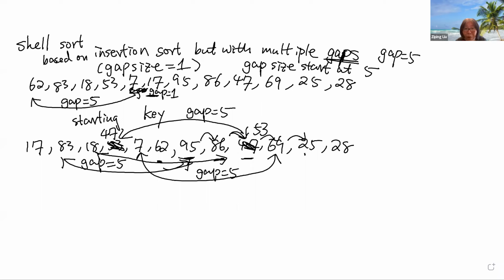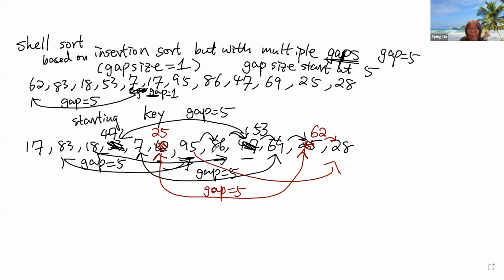Let me use a different color. 25 is supposed to compare with the gap equals 5, which is 62. Is it in its right location? It's not. So swap 25 and 62. Then you move on to the next one, 28. You compare with the gap size 5.